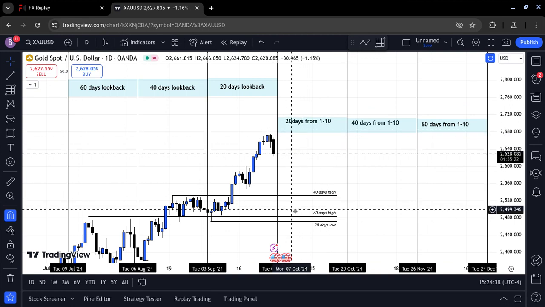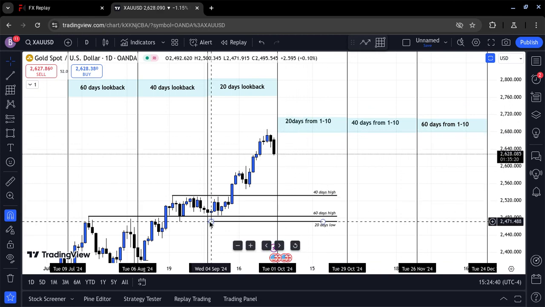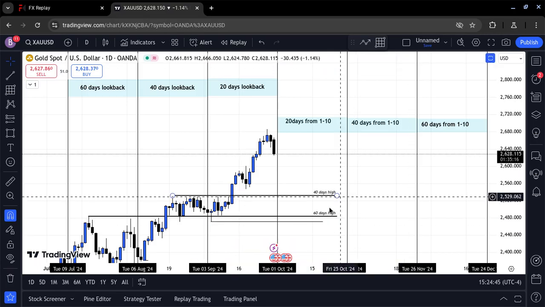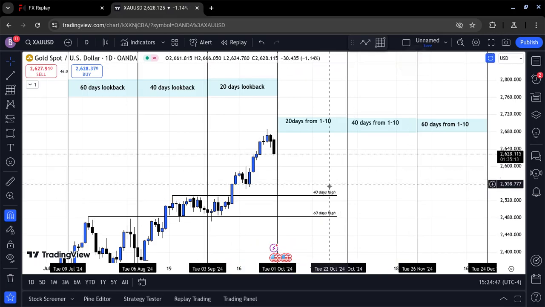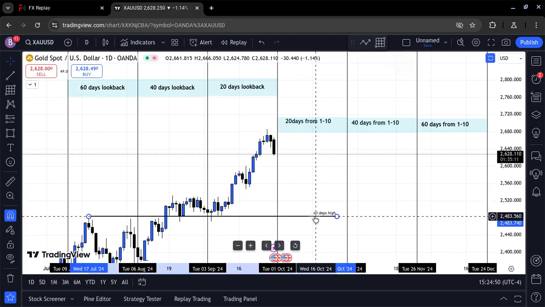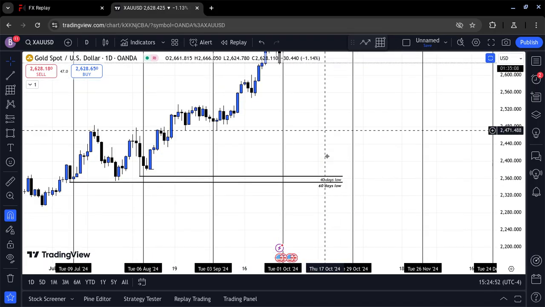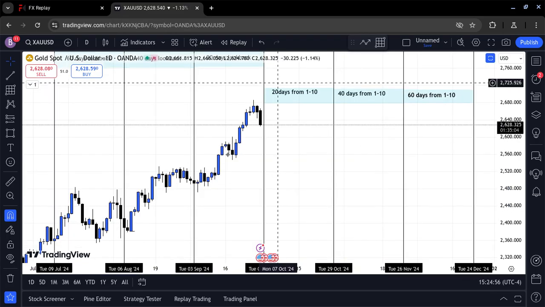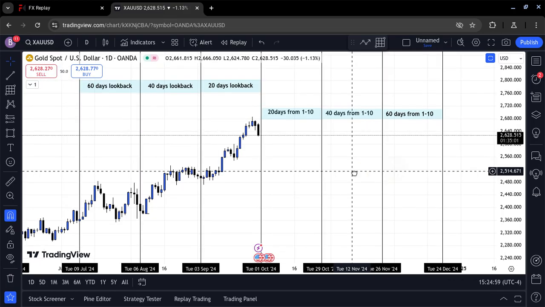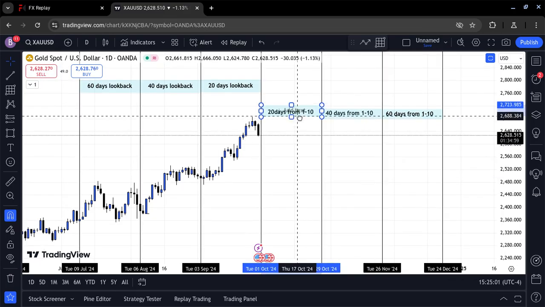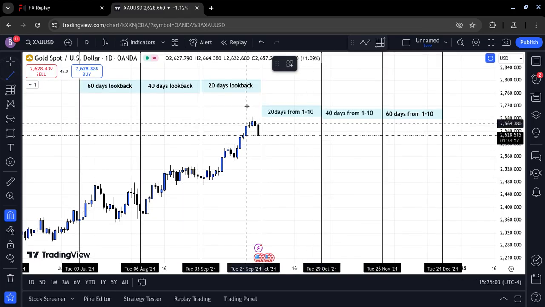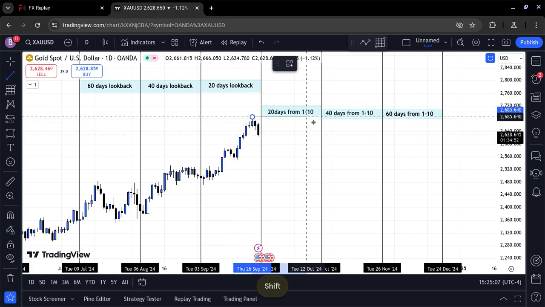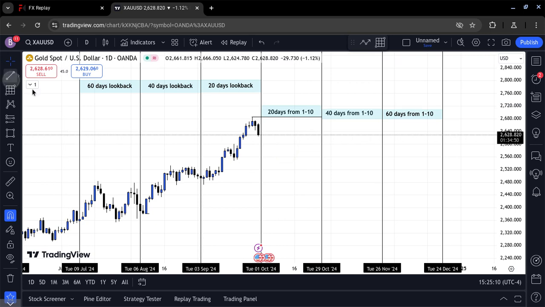Okay, so now what you want to do is make sure this is the 20 days high low. Okay, we are at the low of 20 days. Delete and delete. Okay, so things shall be clear in a second for you guys. I'm sorry about this because I had to make sure that you understand everything. This 20-day look back from this place, we have this high right there, and we have this low.